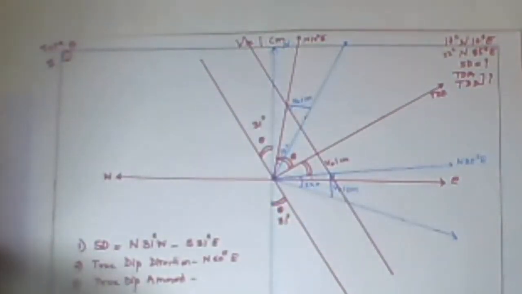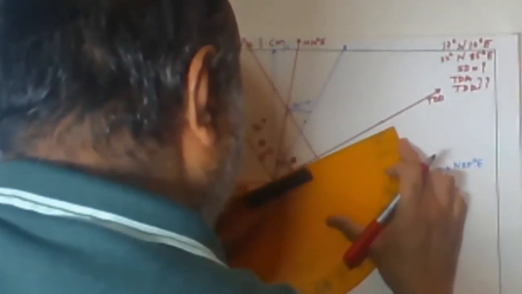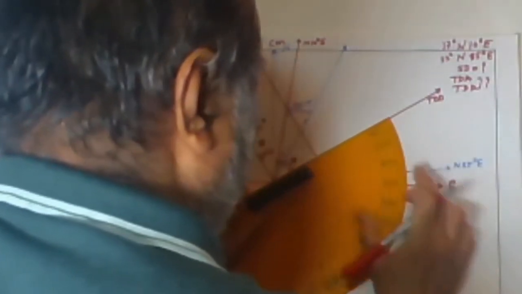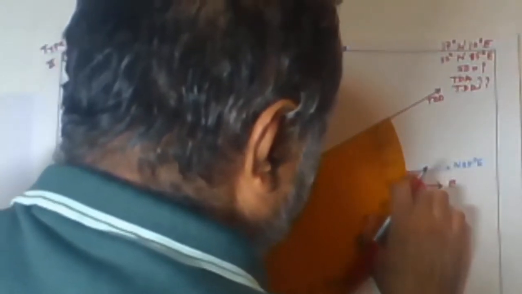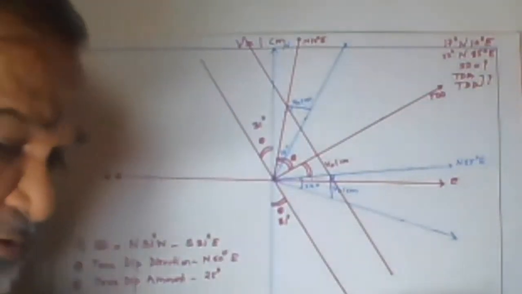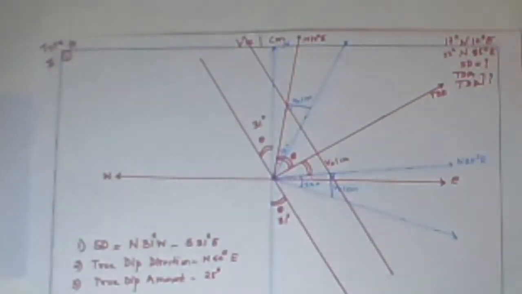So you have to measure the angle between these two lines. So here the answer is 25 degrees. So this is the way you have to find out the problem.